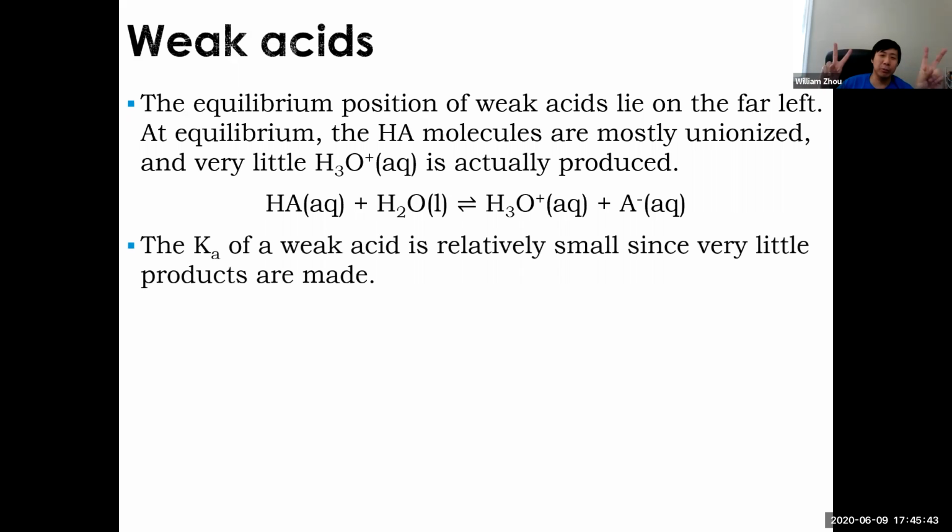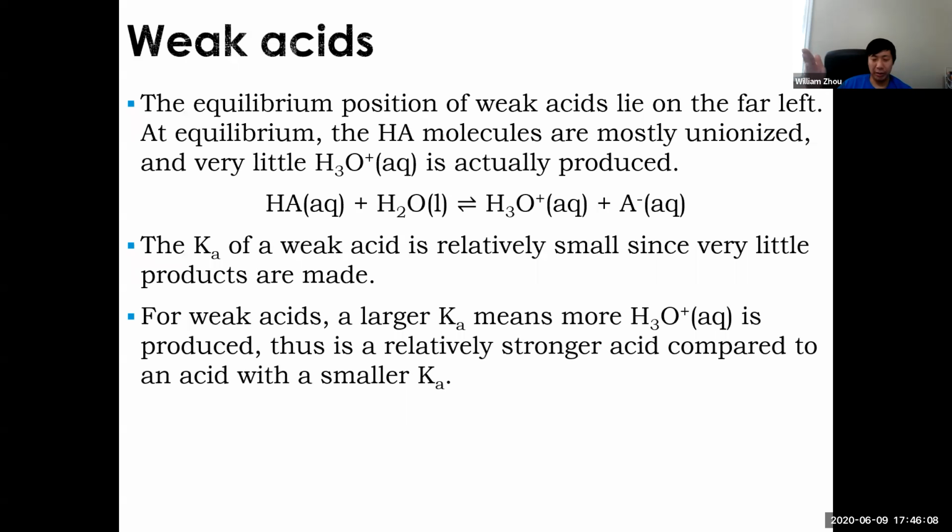That's why we call it weak. And they have low Ka. If you have a low K value, we learned in the equilibrium section, that means the equilibrium favors the reactants heavily. At equilibrium, most of your stuff is still reactants. Very few of them reacted to become the product. So all weak acids have low Ka.